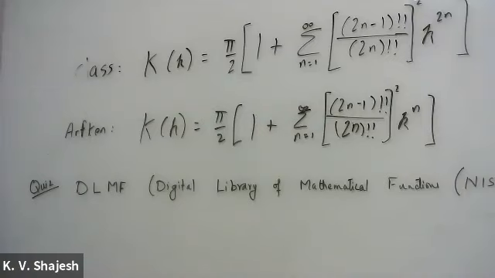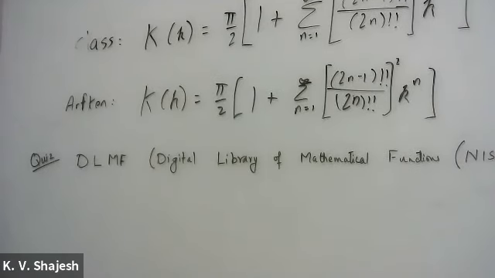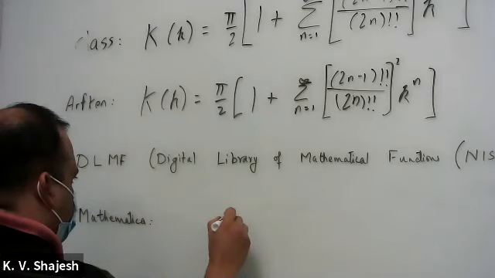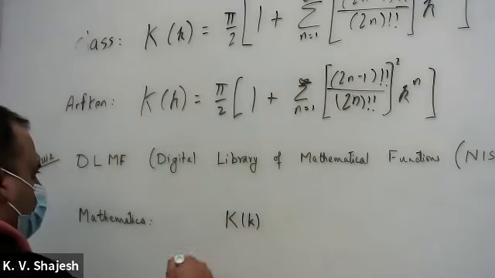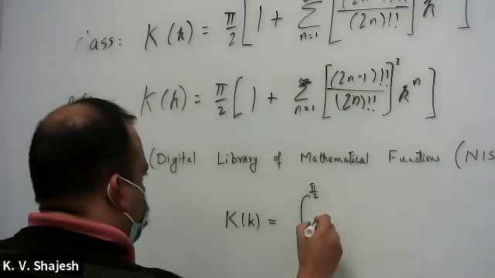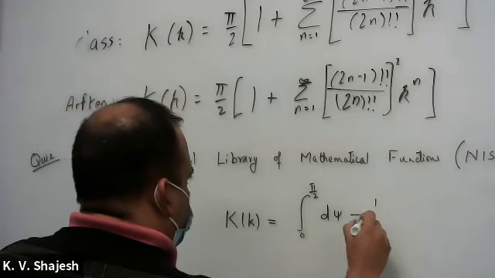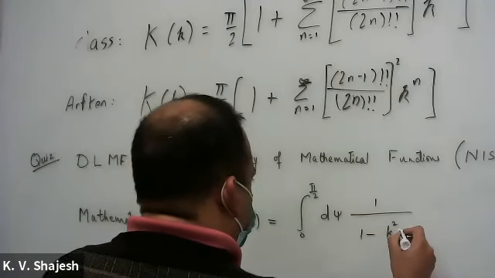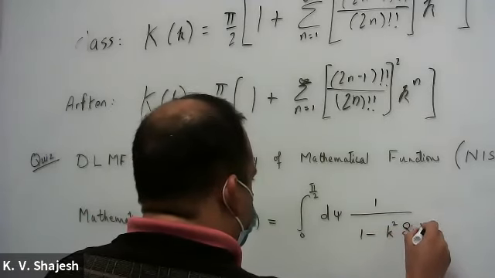But I should point out one thing in here, which is very close to the issue between these. Mathematica has a similar problem, but it's not wrong. Remember K was introduced this way: the integral from 0 to pi/2 of d psi over 1 minus K squared sine squared theta, sine squared psi.